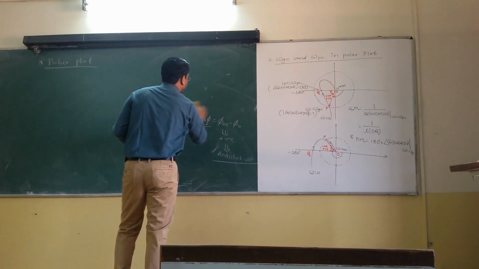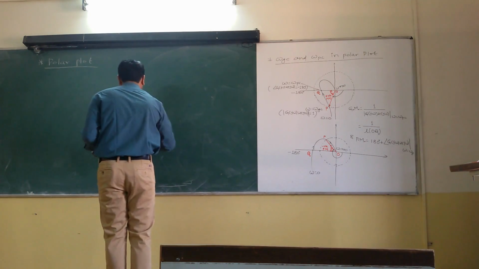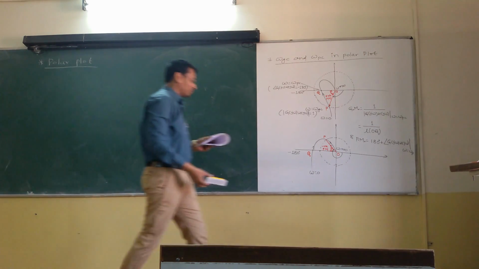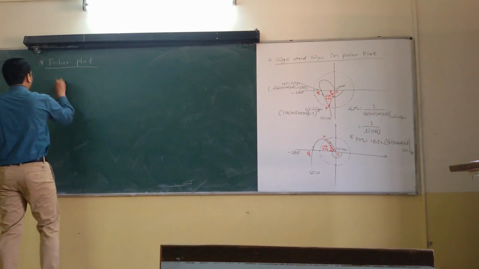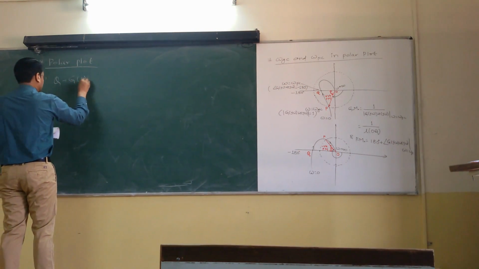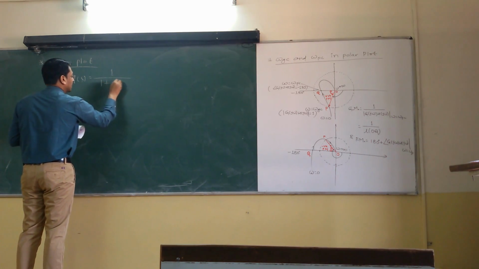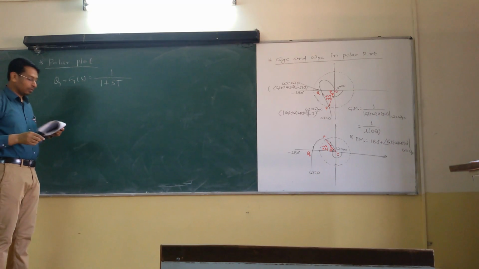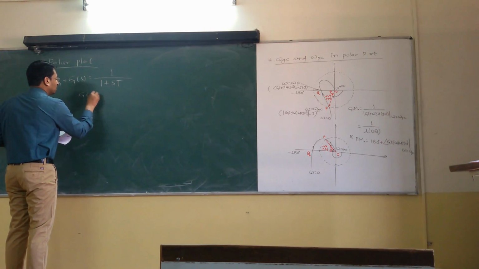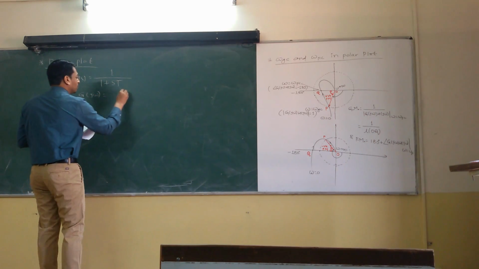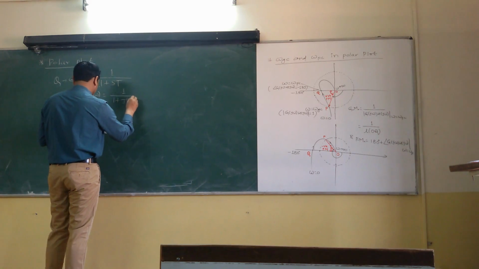For example, we have to sketch the polar plot for this particular transfer function, where the transfer function given is G(s) equal to 1 upon 1 plus sT. Correct? So our job is to first find G(j omega). So G(j omega) will be equal to 1 upon 1 plus j omega T.